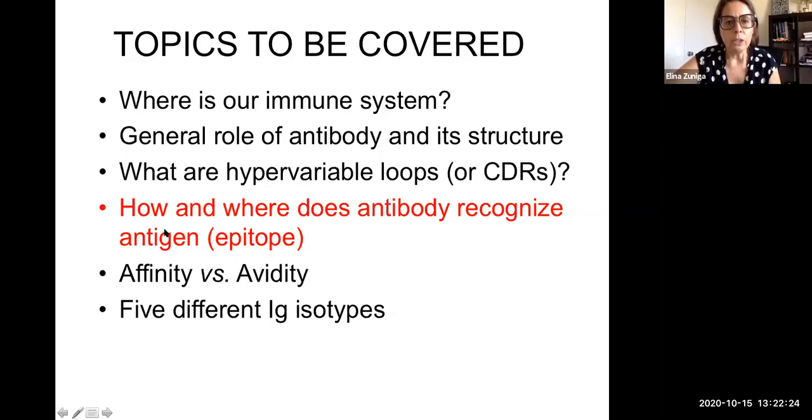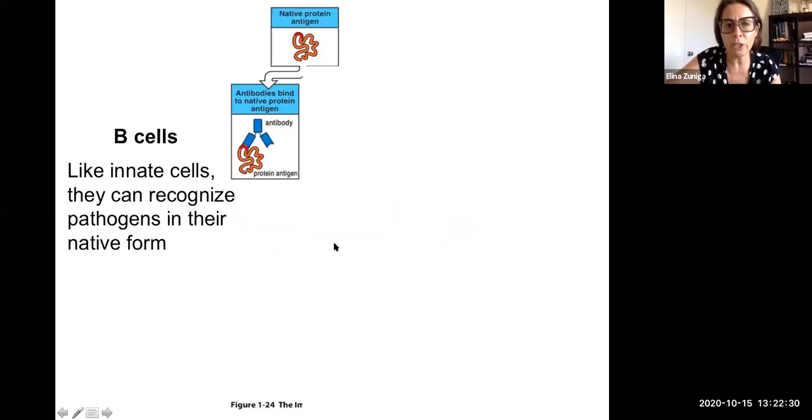Okay. So how and where does the antibody recognize the antigen? And we already learned what is epitope, right? Epitope is the part of the antigen that is recognized and bound by the antibody, okay? It's called also antigen determinant, okay?